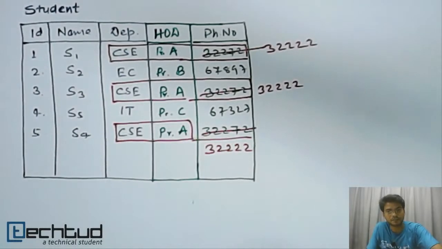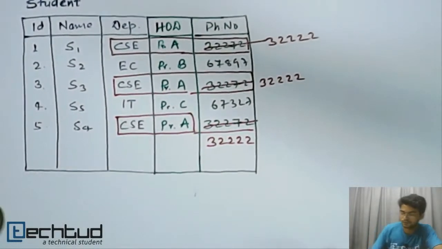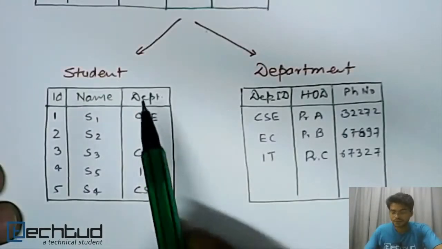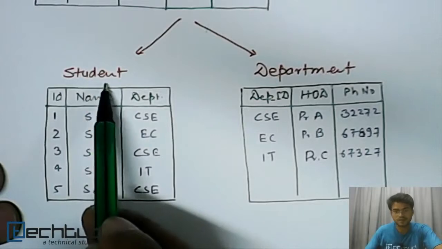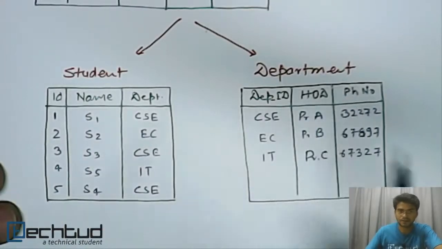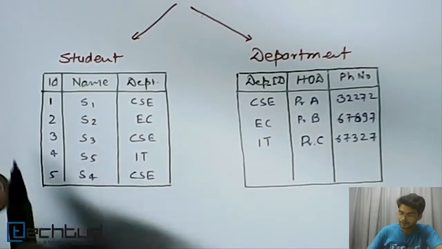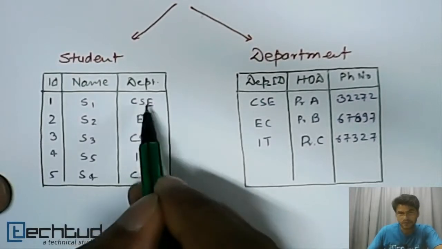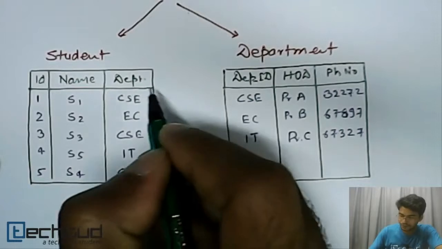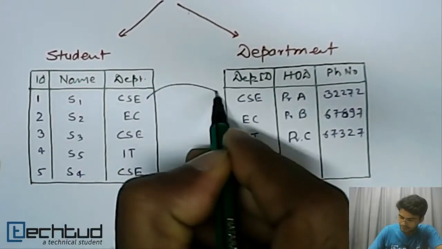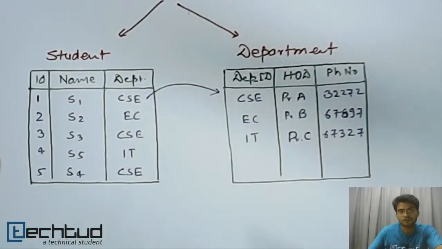Normalization breaks this table into two tables. Let's see what it does. The previous students table is broken into two different tables: one is student and the other is department. If you see here, we are just keeping a record of the student's department ID, and we maintain this as a foreign key.